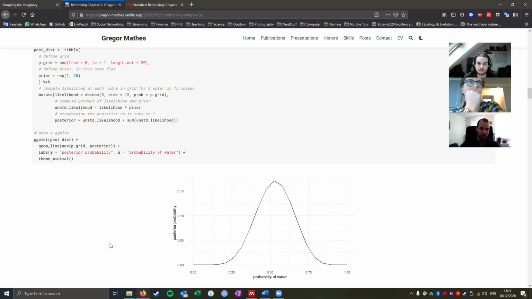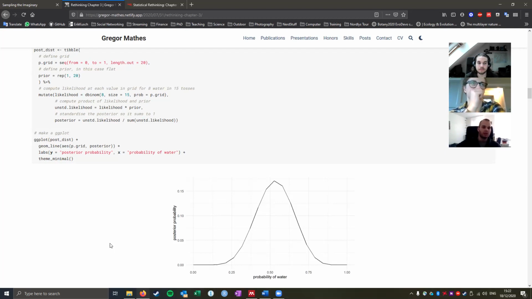And then I was calculating the likelihood, which is binomial, so either water or land. So I was using the dbinom function with 8 water tosses out of 15, and the probability is defined in our grid approximation, so a flat probability to begin with.